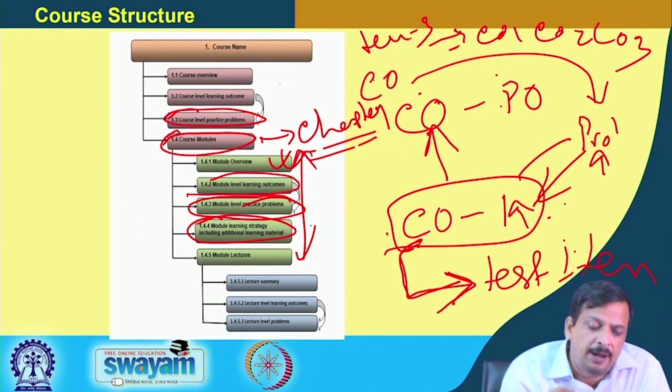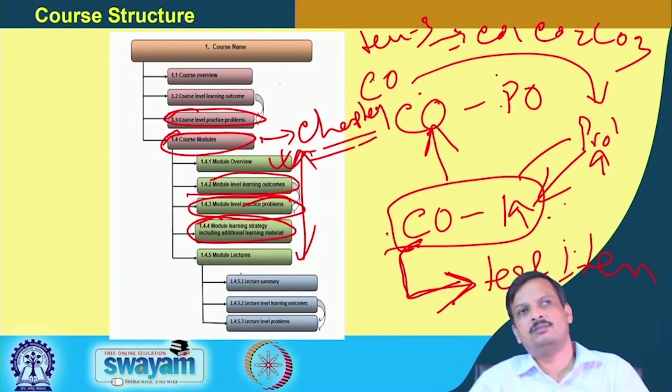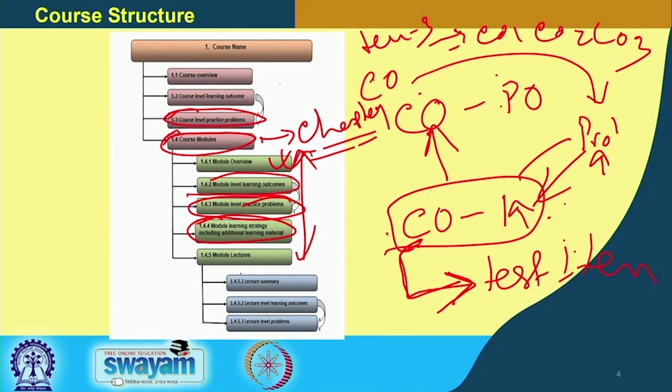Then every module consists of lectures. A module means a chapter. A chapter consists of several lectures. So, let us say chapter 1, I take 8 lectures: lecture 1, lecture 2, lecture 3, lecture 4, lecture 5, lecture 6, lecture 7 and lecture 8. Each of the lectures has a name.